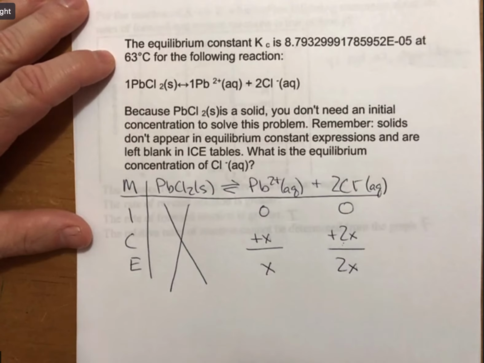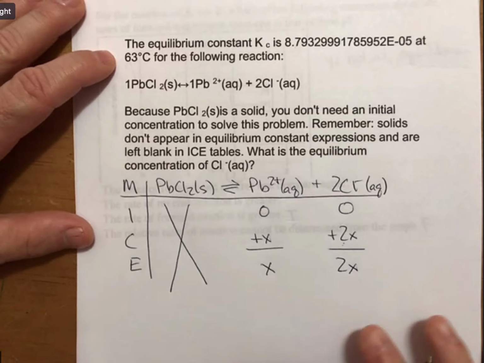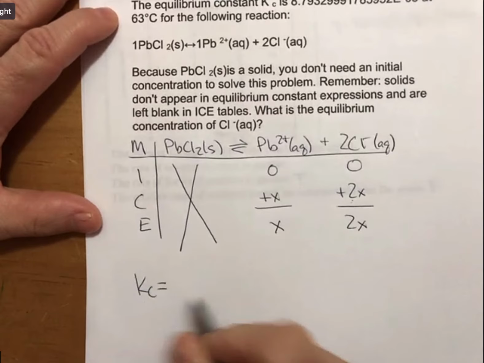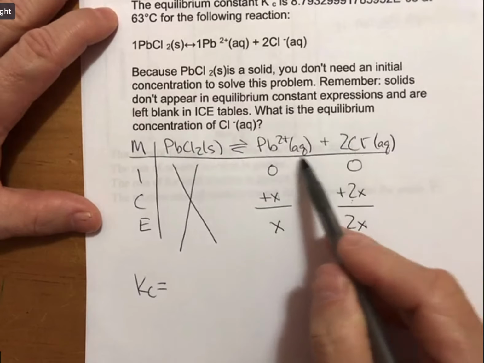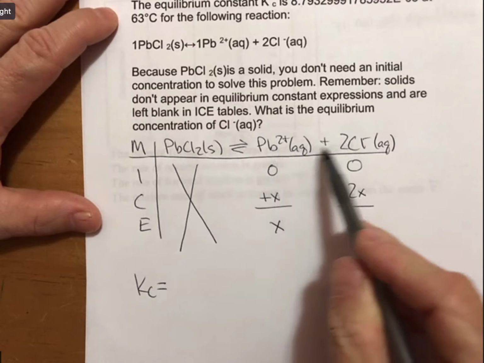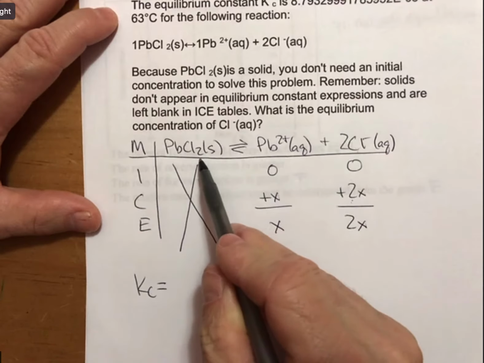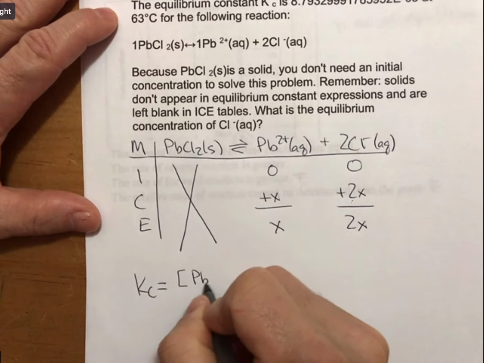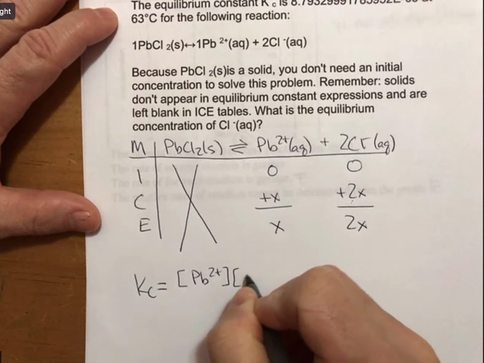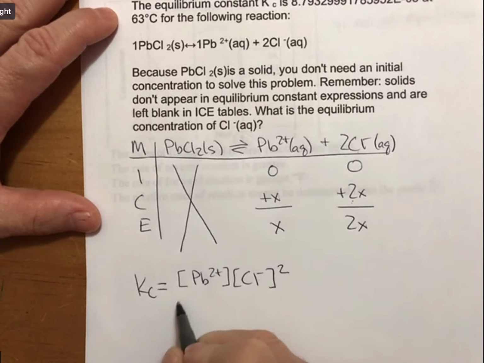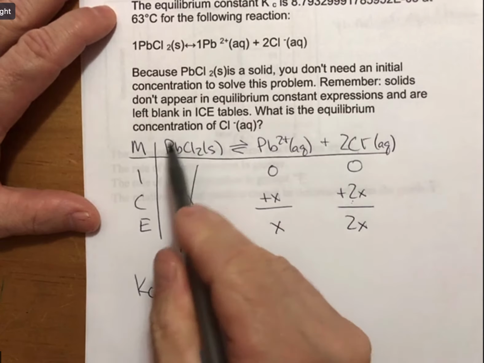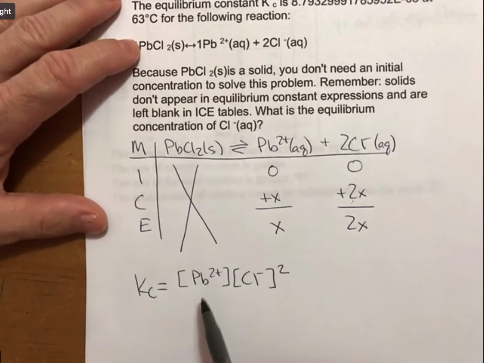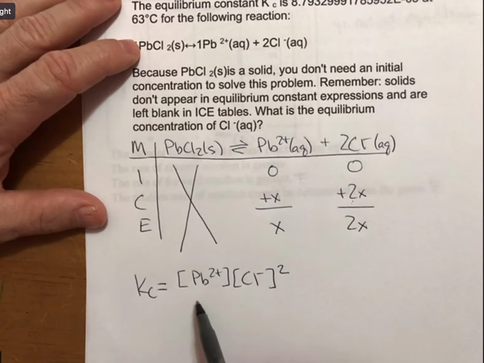And now we can continue with our regular process for solving ice table problems, which goes like this. Write out your equilibrium constant expression in terms of product concentrations over reactants. Don't include solids or liquids. There is no reactant that we include in our equilibrium constant, so this would just be over 1, and I won't write that this time.